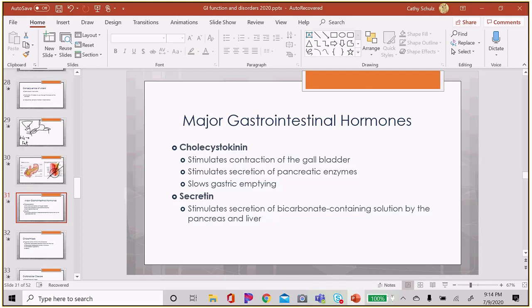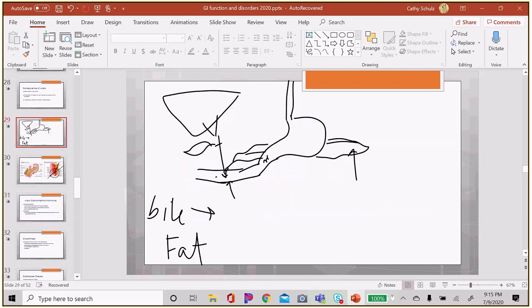So there's a lot of hormones that are also released during this time. When food reaches the stomach, there are hormones that are released, including cholecystokinin, which is a stimulant to the gallbladder to cause gallbladder contraction, and secretin, which stimulates the pancreas to make a bicarb containing solution so that will spill into the small intestine first, because here we are where the food ends.